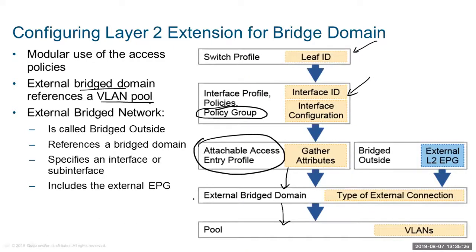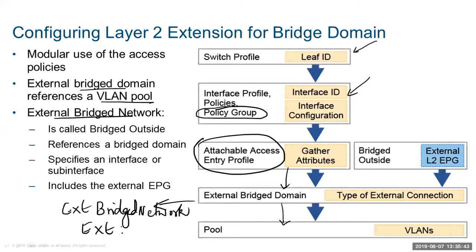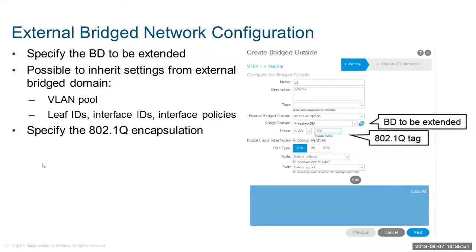Okay. Now this bridge domain is going to be configured as an external bridge network. And also specify the external EPG below that. So here is a snapshot of the external bridge network configuration within the networking folder of your tenant. You're going to specify which bridge domain needs to be extended.